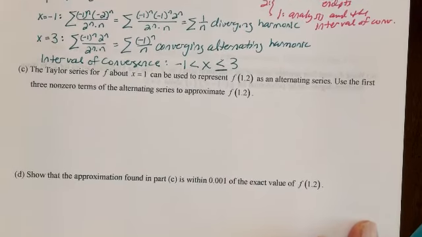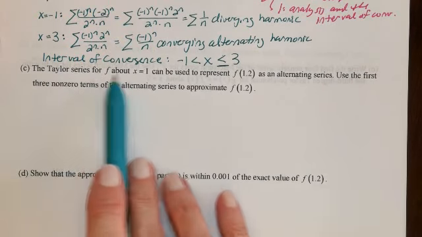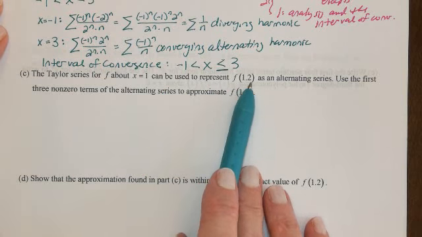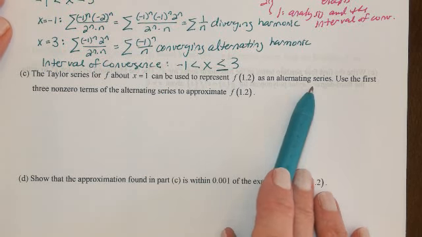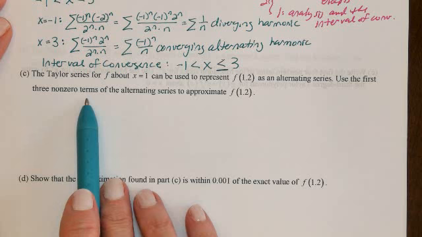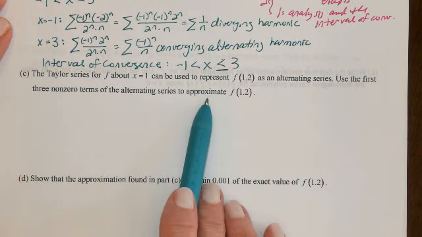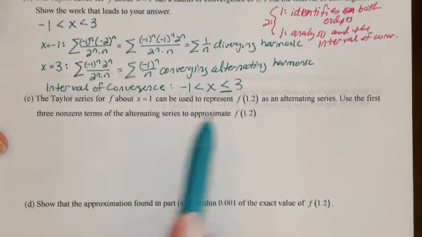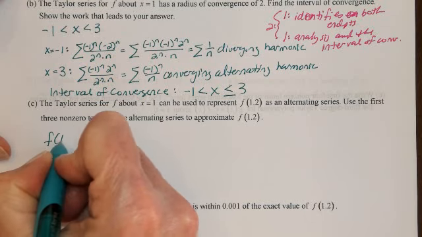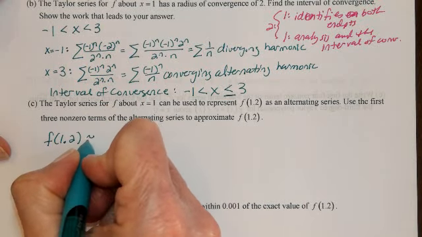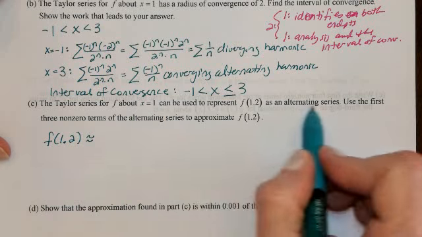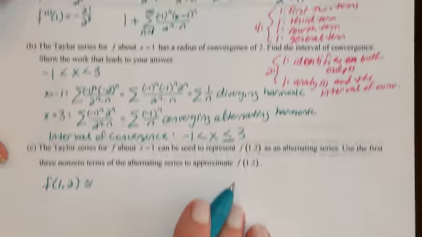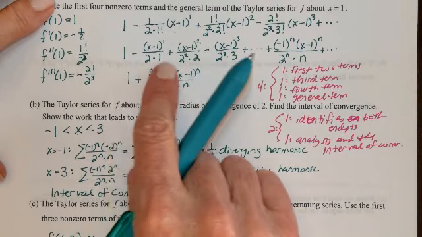Alrighty. Part C. The Taylor series for f about x equals 1 can be used to represent f of 1.2 as an alternating series. Use the first 3 non-zero terms of the alternating series to approximate f of 1.2. So the first 3 non-zero terms are right here.